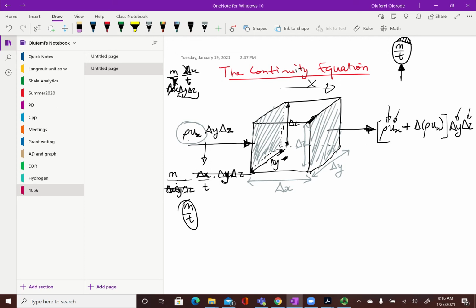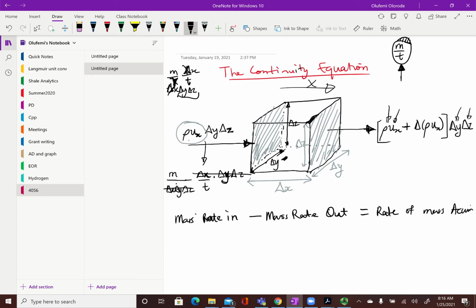So we're going to use our mass balance, which is that mass rate in, the rate of flow of mass into the cell, minus the rate of flow of mass out of the cell, so mass rate out, equals rate of mass accumulation, which we'll talk about next.